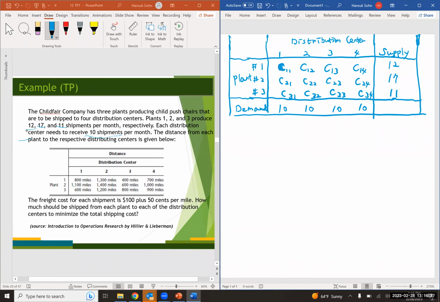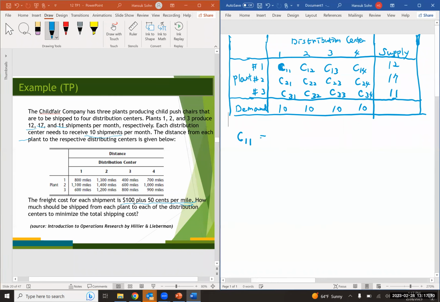Okay, then how'd you get C sub 1,1? According to the problem description here, the freight cost for each shipment is $100 plus 50 cents per mile, right?